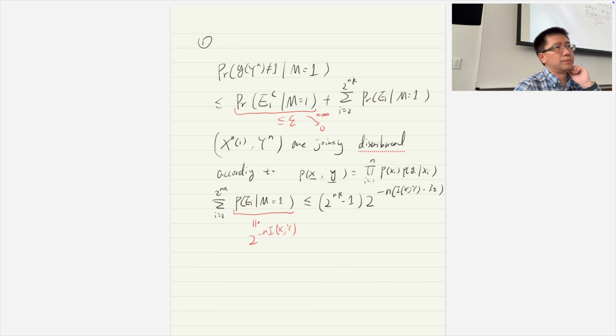This is what we proved before. When we talked about joint typicality, we had a few properties: the upper and lower bounds of the probability, the upper and lower bounds of the cardinality, and so on. So this is the upper bound of the probability that, if x and y are independent, they are jointly typical. Does that ring any bell?